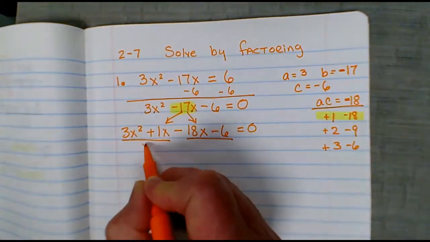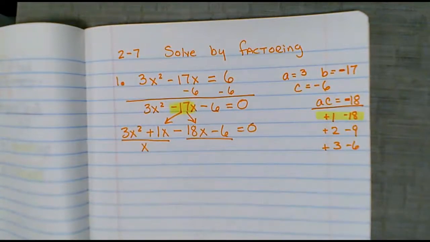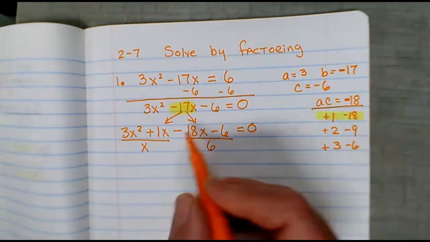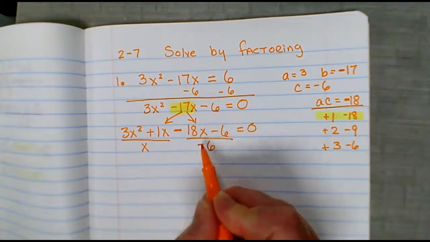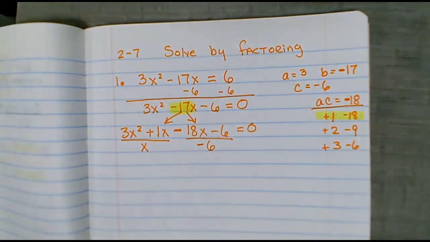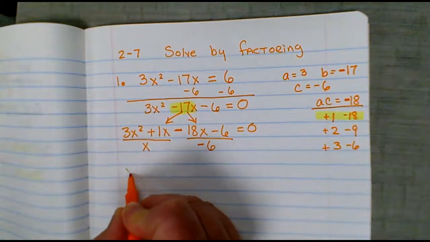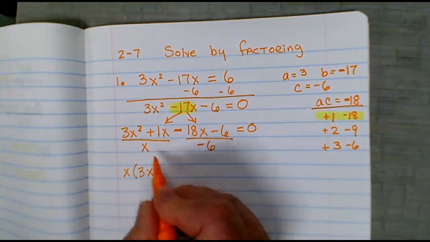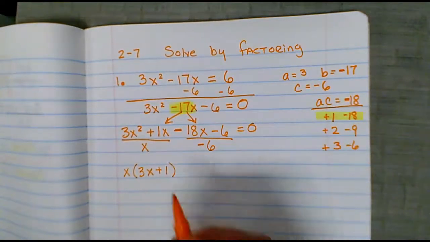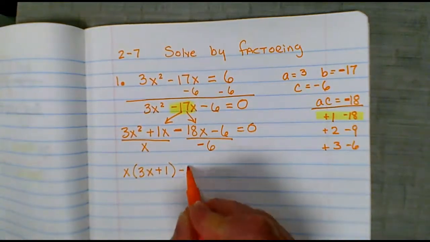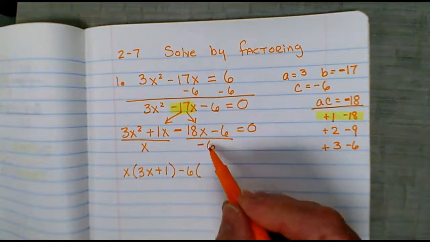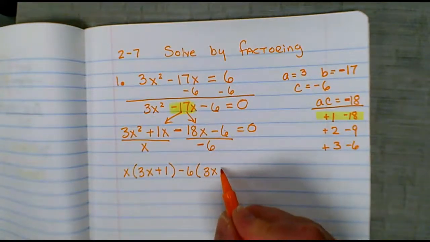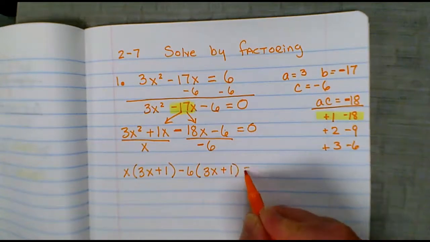So an x factors out of this term. A 6 factors out of this term, and if this is negative, I need to factor out a negative. So I factor out an x. X divided by x makes a 1. Factor out a 18 divided by 6. 6 divided by 6, the negatives cancel out.